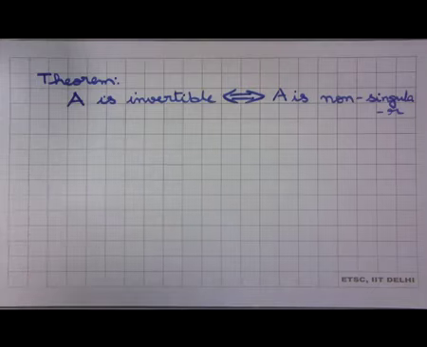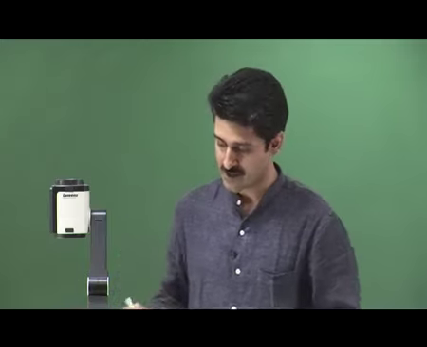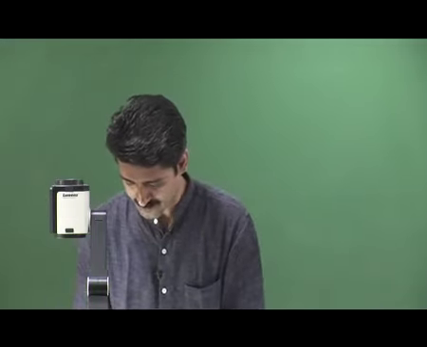How will we look at the proof? Well, we will look at both ways, both the if and only if parts. First we will say that if A is invertible, then it is non-singular, that is its determinant is non-zero, and the other way around, that if it is a non-singular matrix, then we can show that A is invertible. So, let us look at this part first.